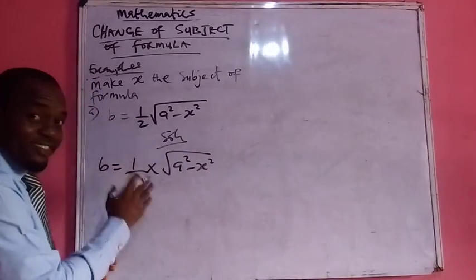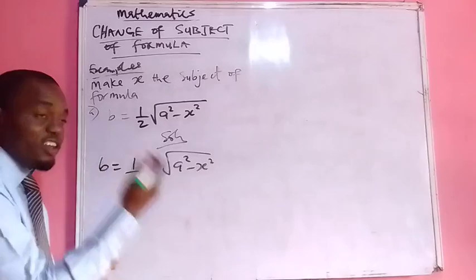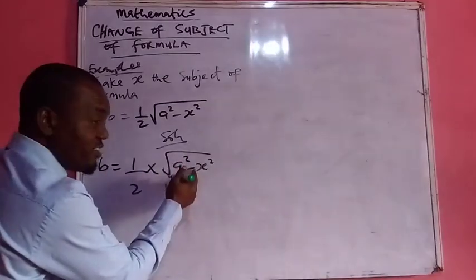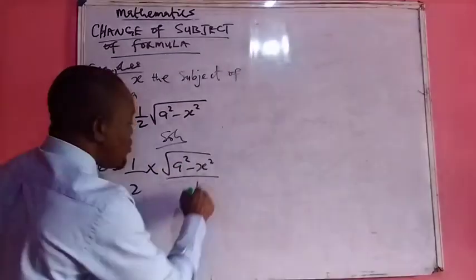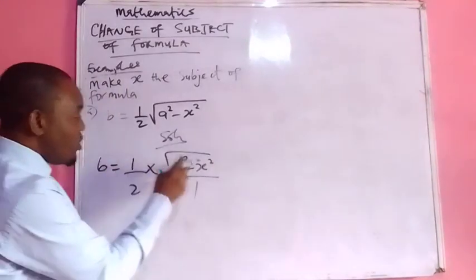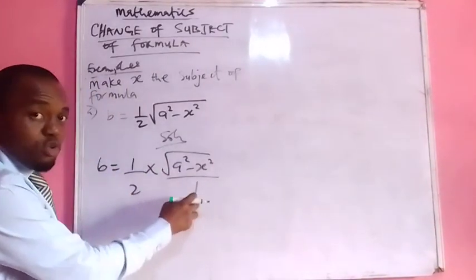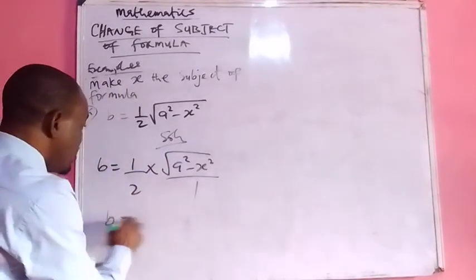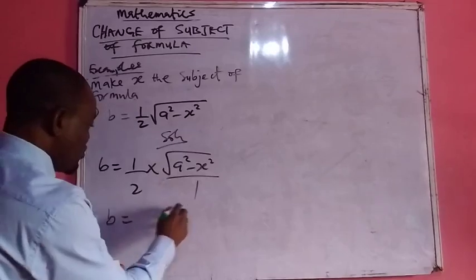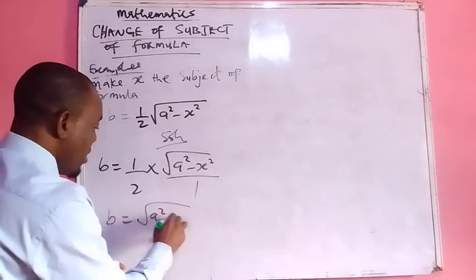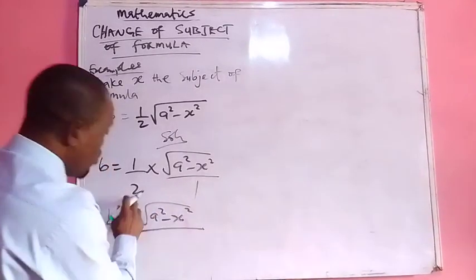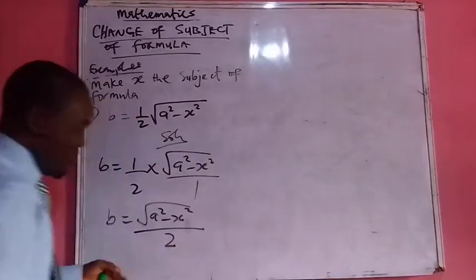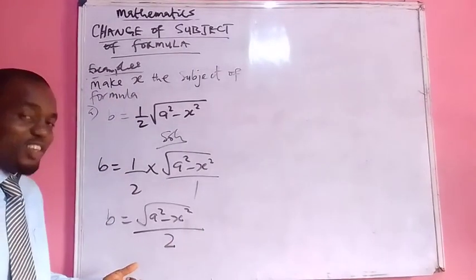It can still be written like this. Now, 1 will multiply everything here. Remember there's an invisible over 1 here. 2 will multiply 1. Do you get it? Now we have b is equal to what? 1 times this is the same thing, square root of a square minus x square, over 2 times 1, which will give me 2. You see, I've succeeded in removing the half now.